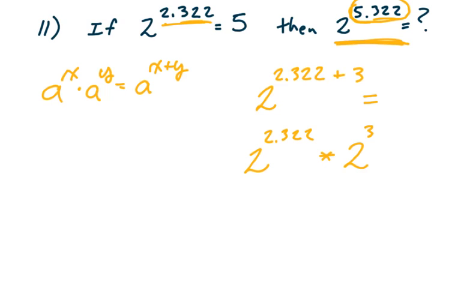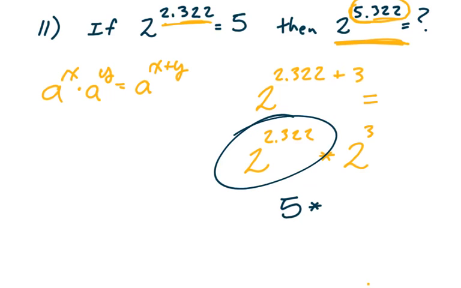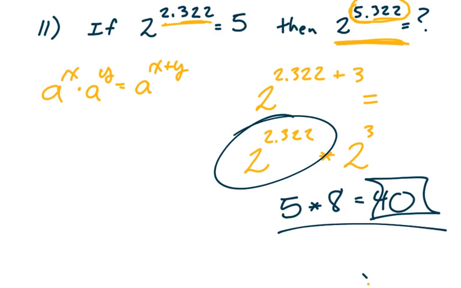Well, we know that 2 raised to the 2.322 is 5, and 2 raised to the third, well, 2 times 2 is 4, times 2 is 8, and 8 times 5 is 40. So that's the answer to this, is 40.